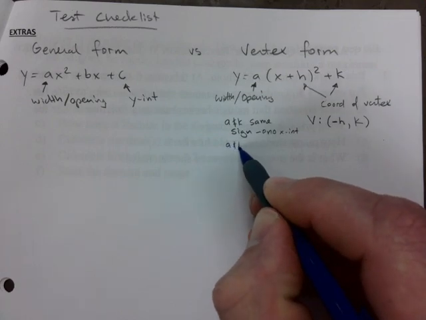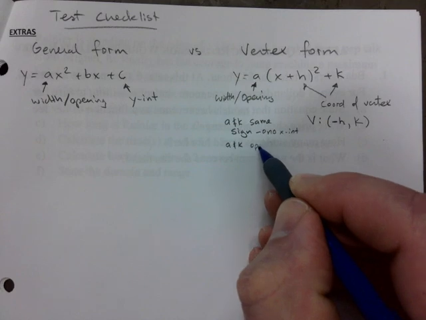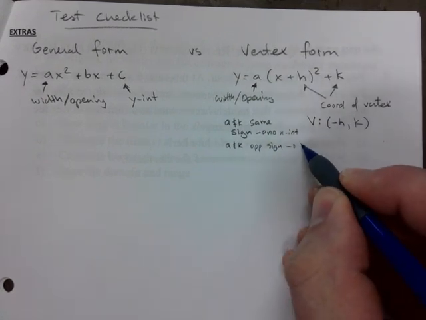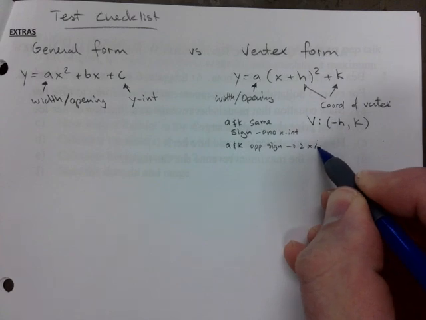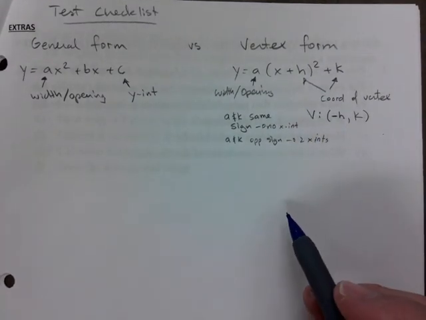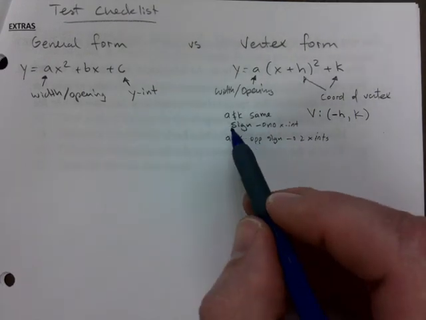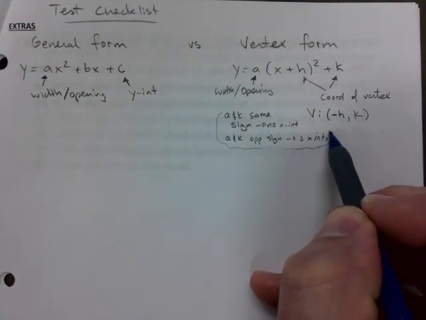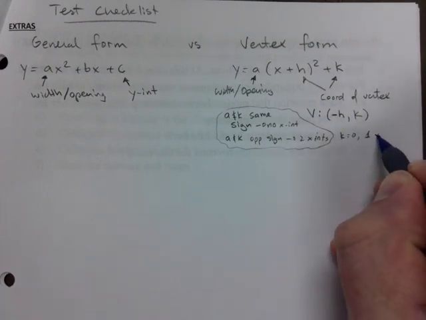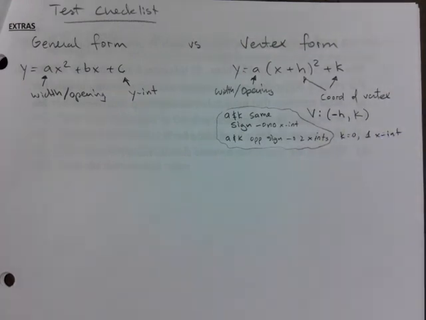A and k opposite sign, that will be 2 x-intercepts. I don't know, it's a little small, but there's a lot to cover here. So keep that in mind. Oh, it should say if k is equal to 0, 1 x-intercept. It doesn't matter what a is. The vertex will be right on the x-axis.